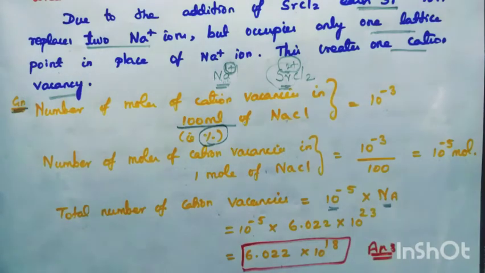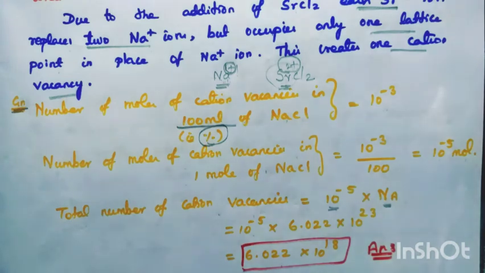So, Sr2 plus, Na1 plus. To substitute 1 Sr2 plus, we have to replace 2 Na plus, because the oxidation state is 1 for Na and 2 for Sr. So if we replace 2 Na, 1 Sr can occupy.